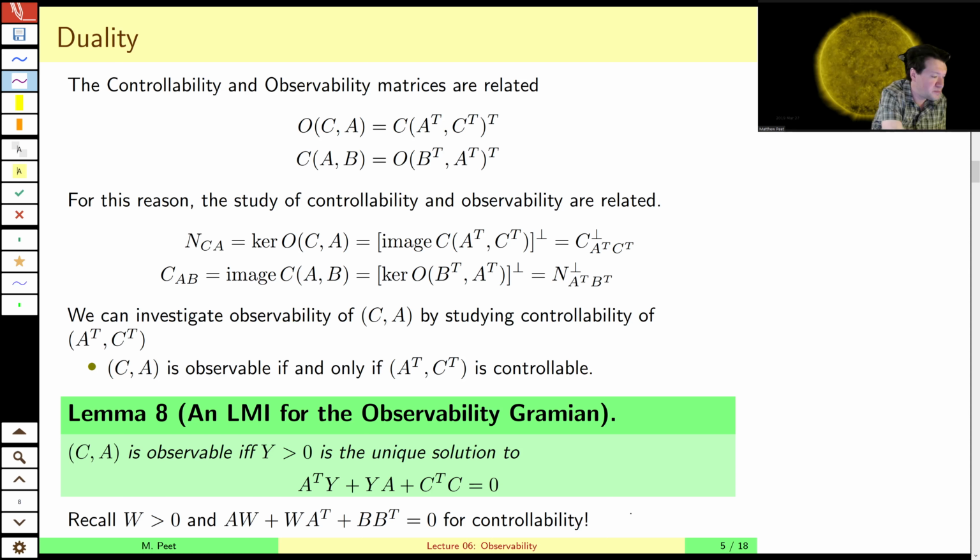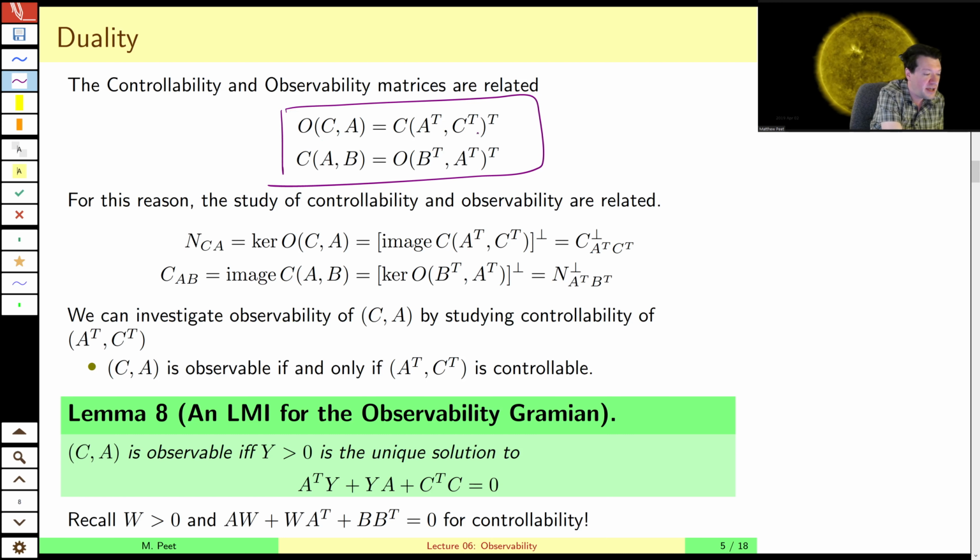So specifically, we rely on this fact here, of the relationship between the observability matrix and the transpose of the controllability matrix of this transpose system. So if we take this dual system where A equals A transpose and B equals C transpose, and we construct the controllability matrix for that, and then we transpose it, we get the observability matrix.